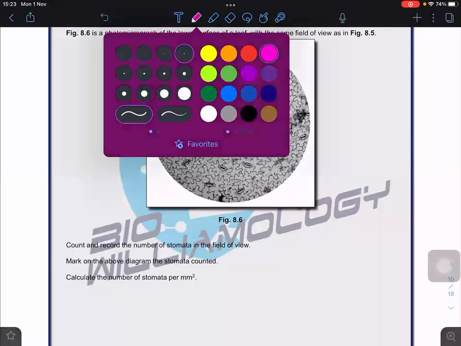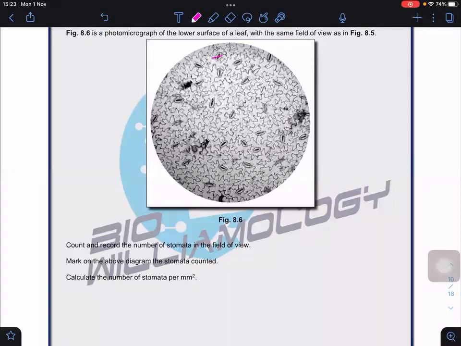I use a different color. Count it: 1, 2, 3, 4, 5, 6, 7, 8, 9, 10, 11, 12, 13, 14, 15, 16, 17, 18, 19, 20, 21, 22, 23, 24, 25, 26, 27, 28. Okay, so I got 28. Some of you may get 29, because of some stomata here.